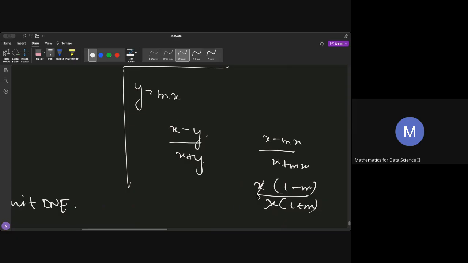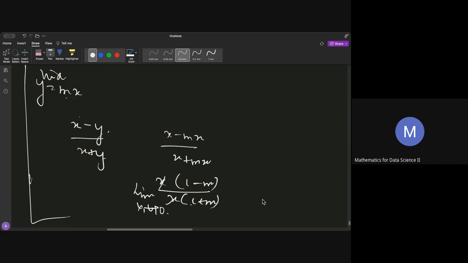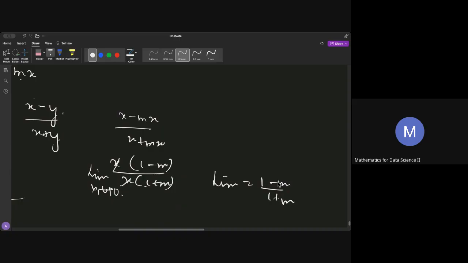Now x gets cancelled, and if I take the limit as x tends to 0, I'll get 1 minus m by 1 plus m. And it will keep changing if I change m, right?